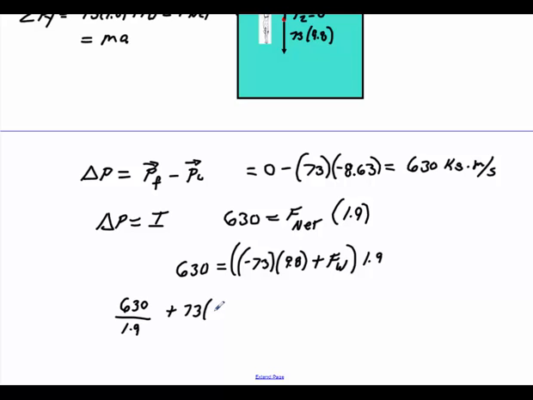That's going to equal the force of the water. Run that number: 630 divided by 1.9 plus 73 times 9.8 gives me approximately 1,047 newtons. And that's the force that the water is pushing back up on the man to bring him to a stop.